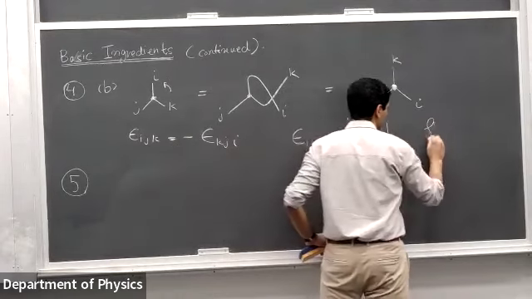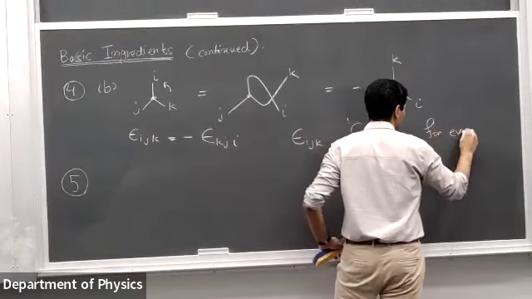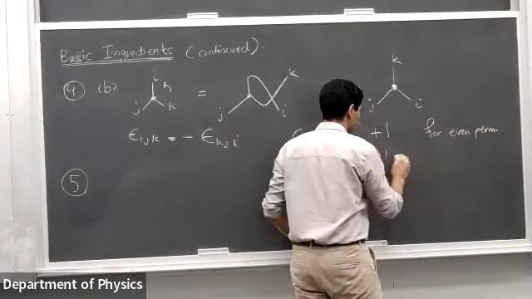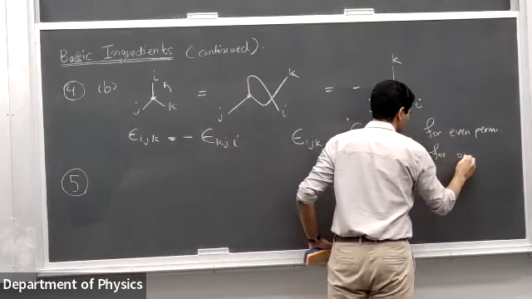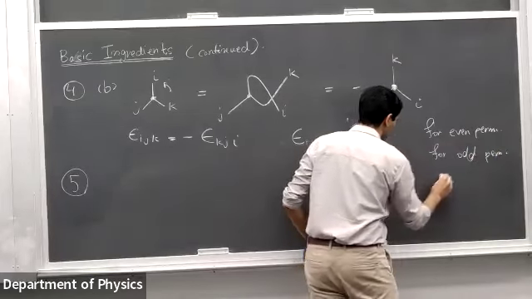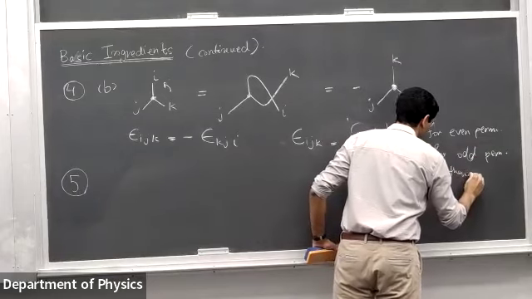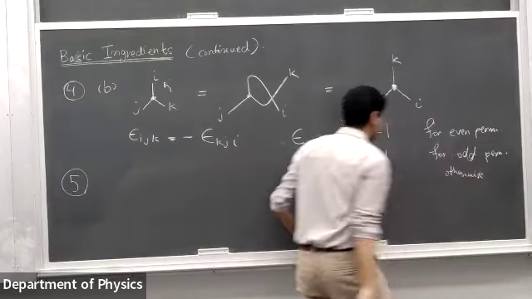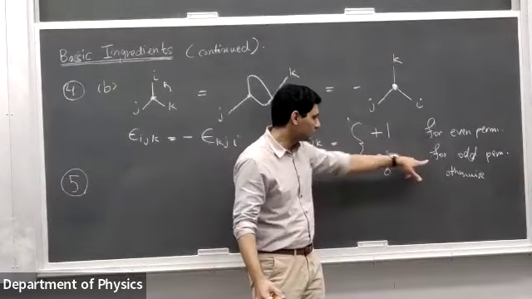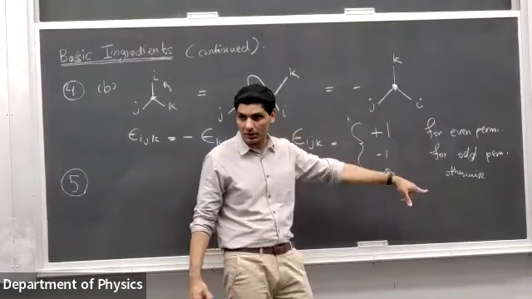So what have I written here? I said +1 for even permutations. I'll explain what this means. -1 for odd permutations, and 0 otherwise.